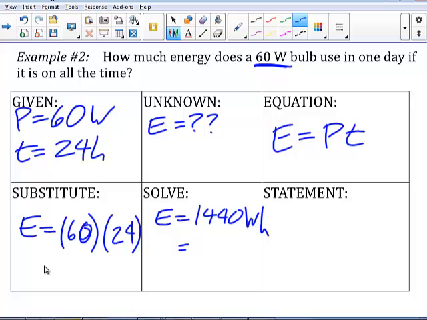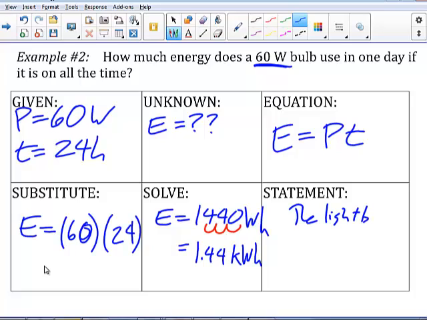If we want to do the conversion on it, we'll realize that we have to move the decimal point once, twice, 3 times. And that becomes equal to 1.44 kilowatt hours. Therefore, the light bulb uses 1.44 kilowatt hours of energy.